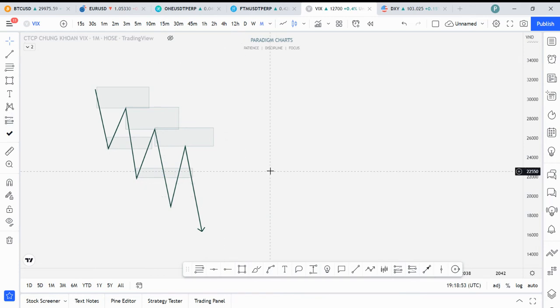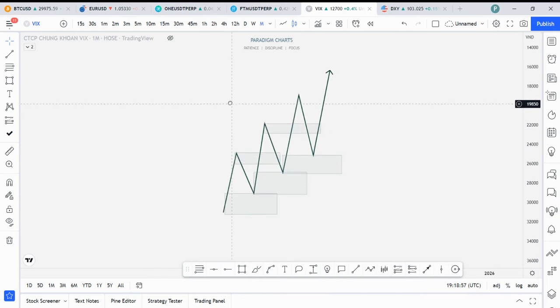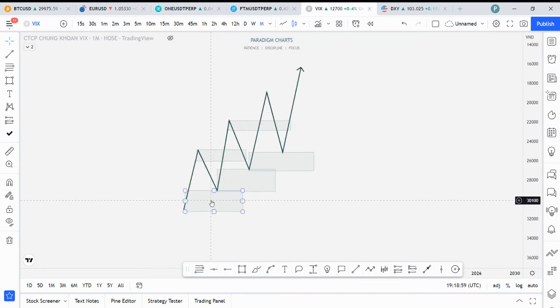Okay, similarly in an uptrend, you can see that this becomes the demand zone, this becomes the supply zone. So in an uptrend, what we see is that the demand zones will hold, while price will trade through the supply zones.